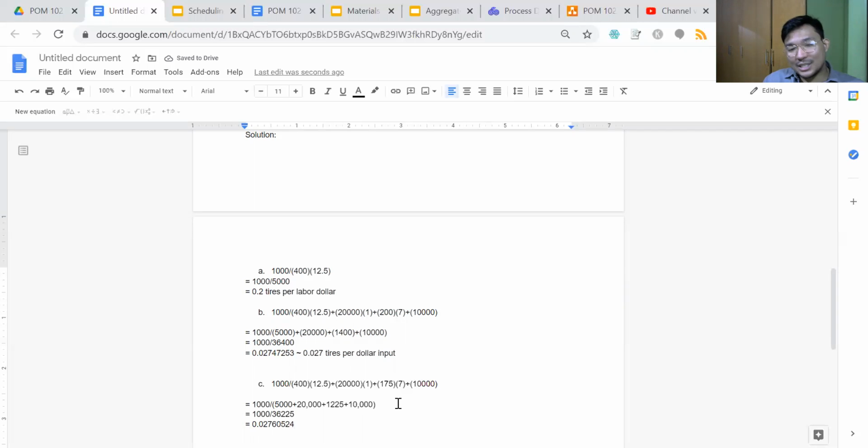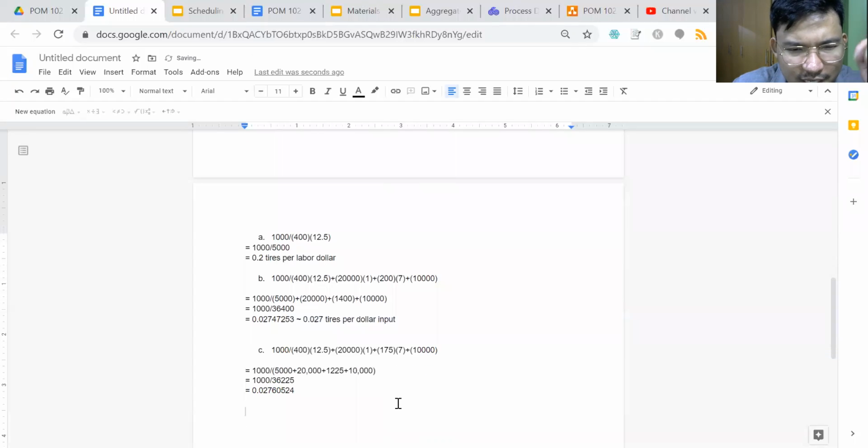This is actually better done on Microsoft Excel or Google Sheets, where calculations are a lot more accurate, but since you would have done this on pen and paper, I'm doing it on docs. So this is approximately 0.028.